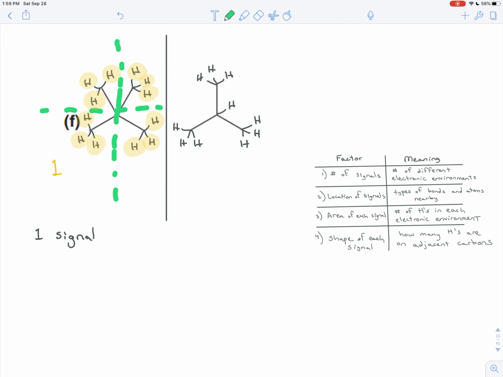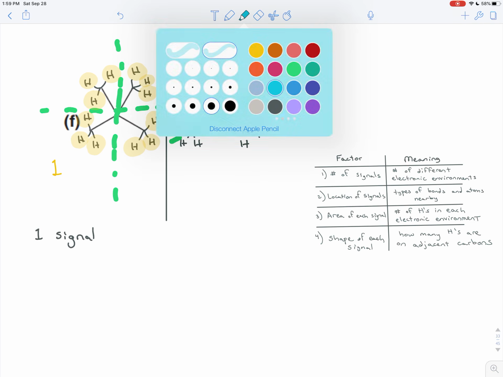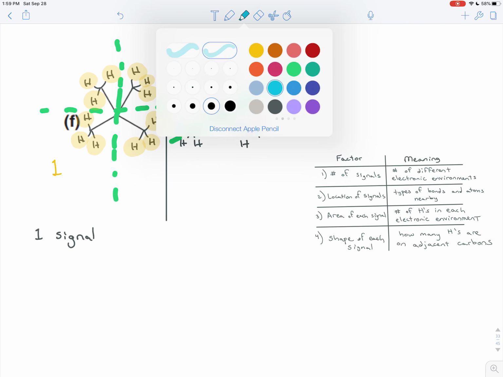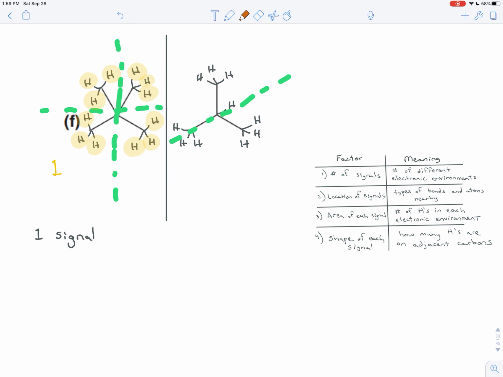There is also a plane of symmetry in the molecule on the right, but there is only one. That's that right there. And so here you would have these hydrogens. That's an electronic environment with a methyl group.